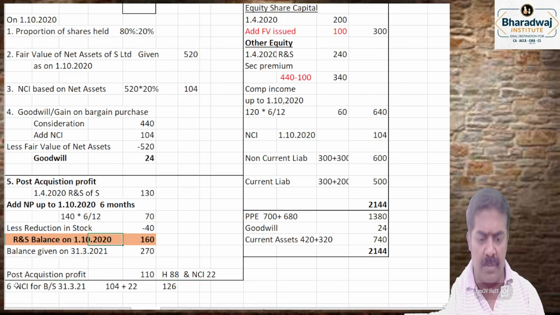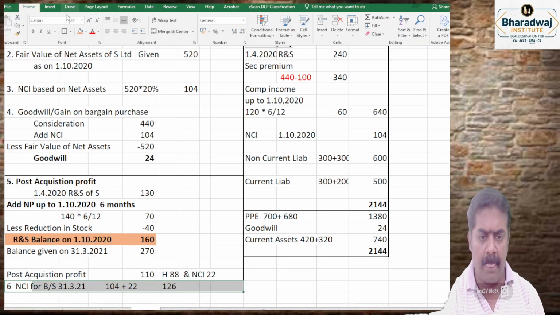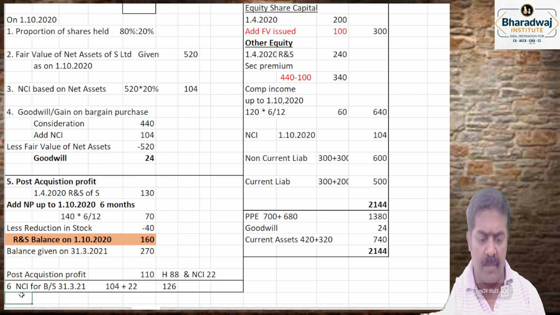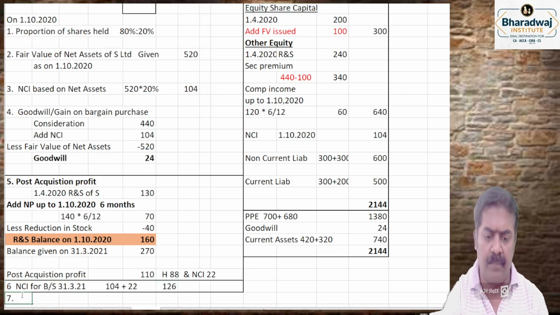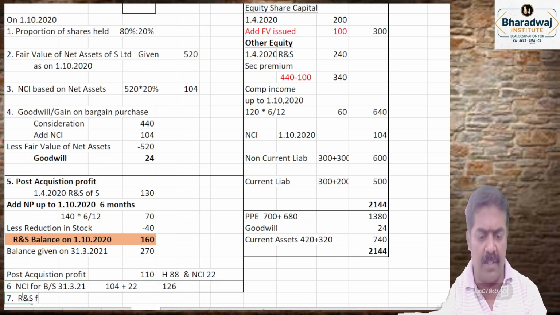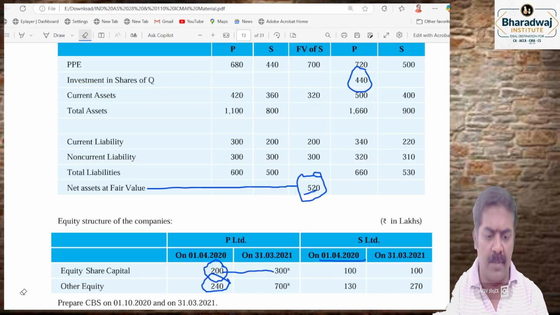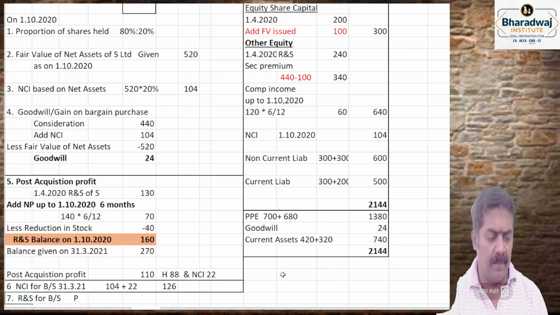Share of post-acquisition profit. Next step, reserves and surplus for balance sheet. What is the holding company's reserves? How much is given? 700. Plus share of post-acquisition profit 88.